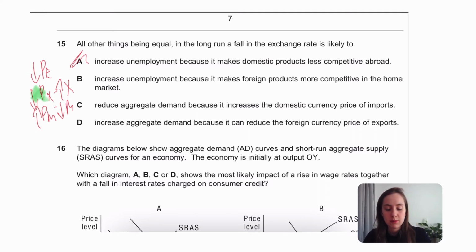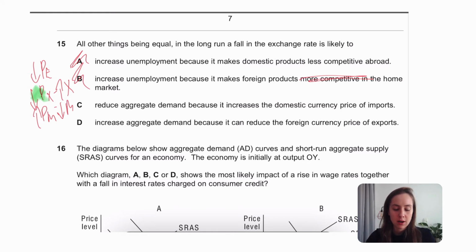Increase in unemployment because it makes foreign products more competitive? Imports? No, imports are way more expensive. That's wrong. Reduce aggregate demand because it increases the domestic currency price of imports.